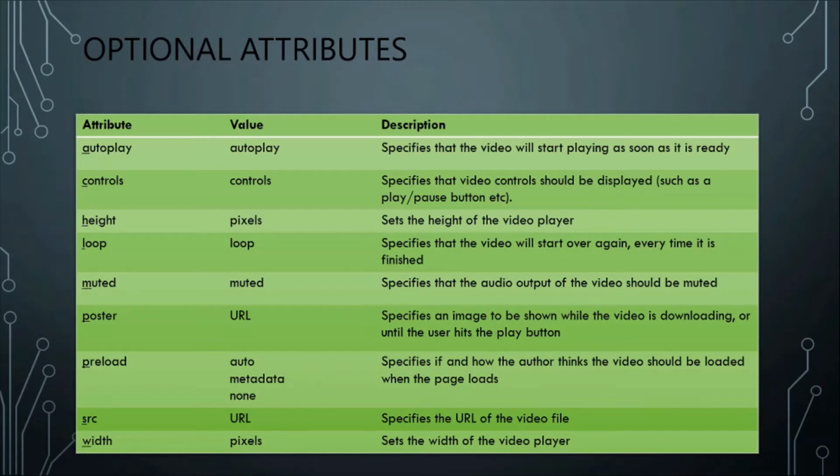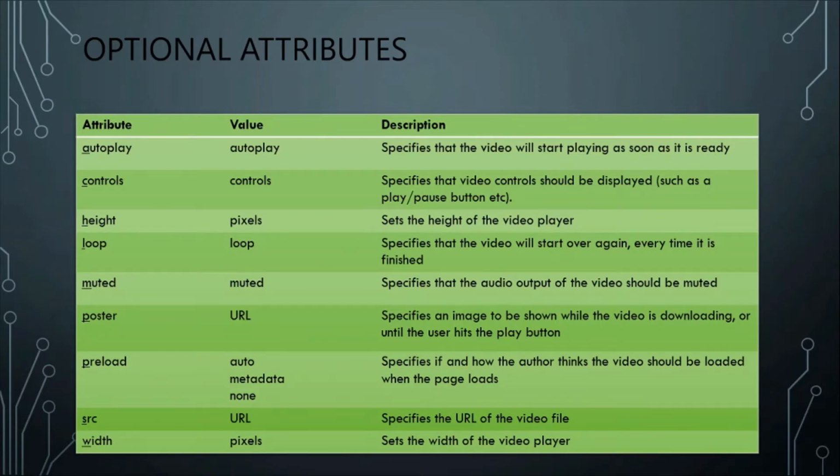The sixth one is the poster. In the poster, we will put a thumbnail or something like it. The URL or the file path will come in it. It specifies an image to be shown while the video is downloading or until the user hits the play button.